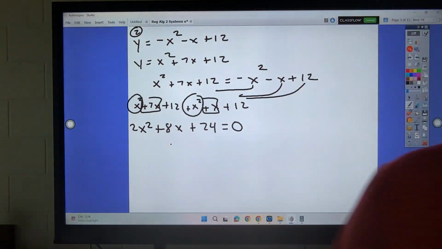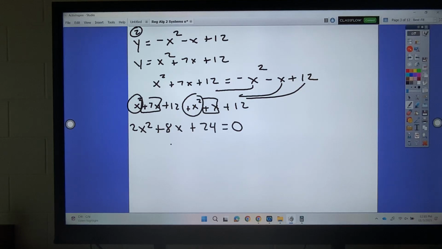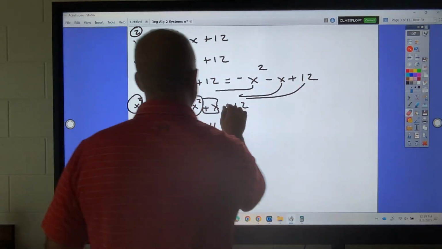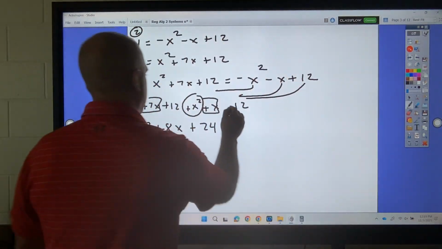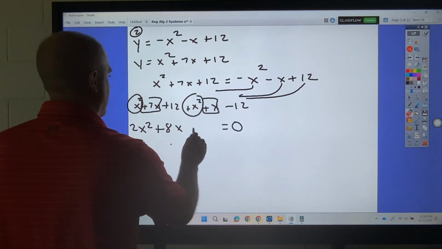Well, let's check this real quick, make sure I didn't make a mistake. No real roots. What did I do here? Oh, this 12 should have come over and become a negative 12. That's what I did wrong. So negative 12.